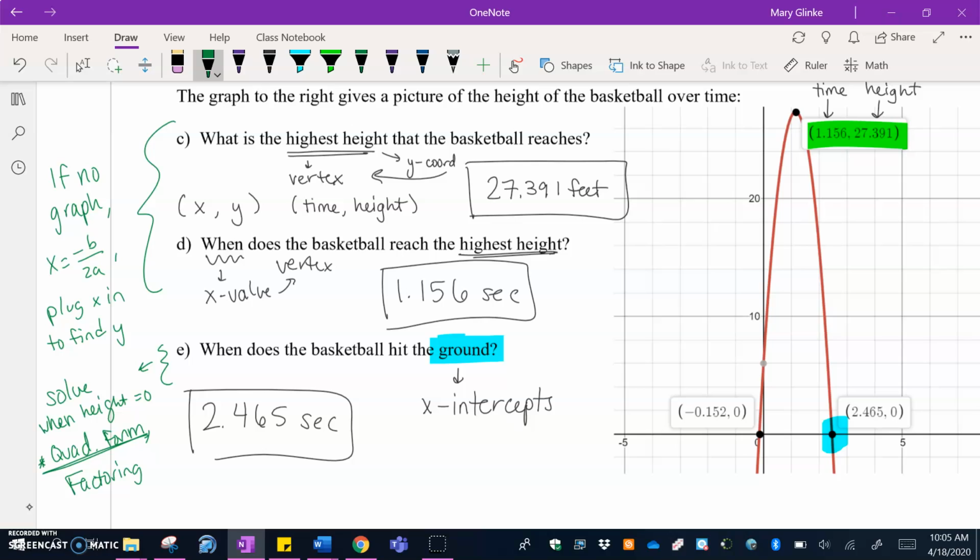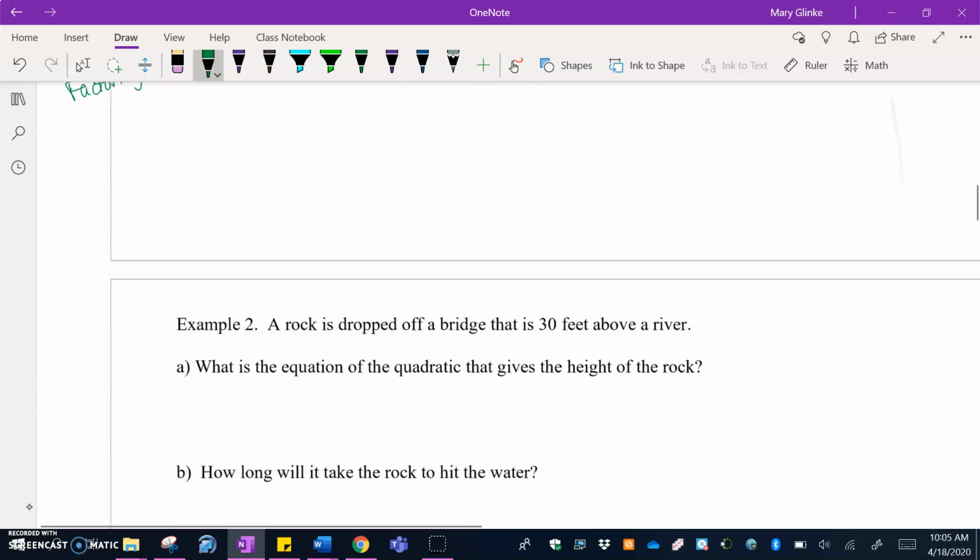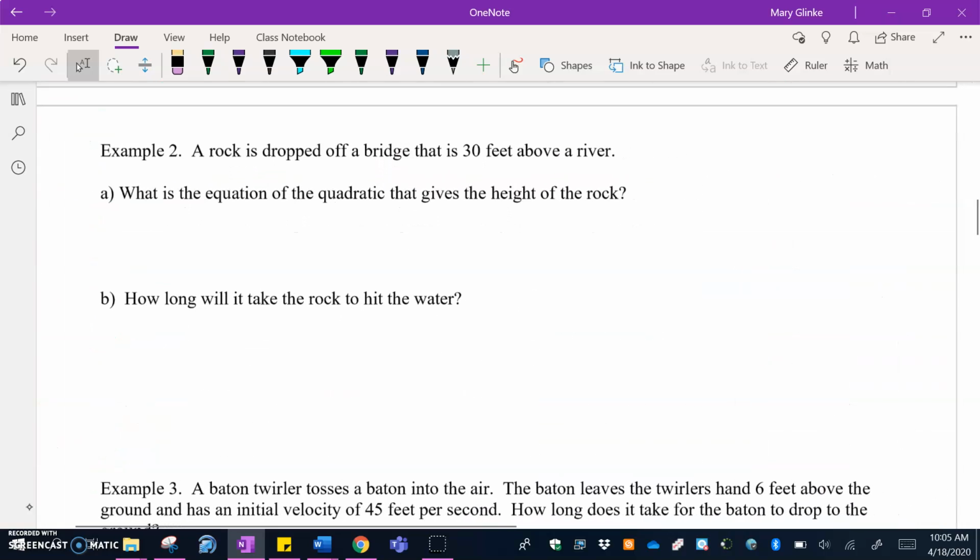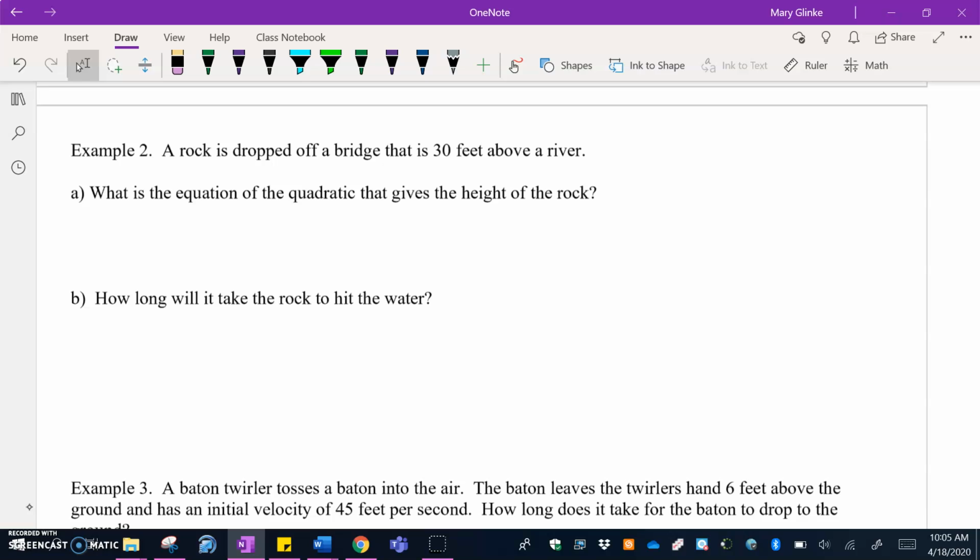Okay, let's try another example, but this time we're not given the equation and we're not given the graph. We have a rock being dropped off a bridge that is 30 feet above the river. As a reminder, our vertical motion model is h of t equals negative 16t squared plus v naught t plus h naught.